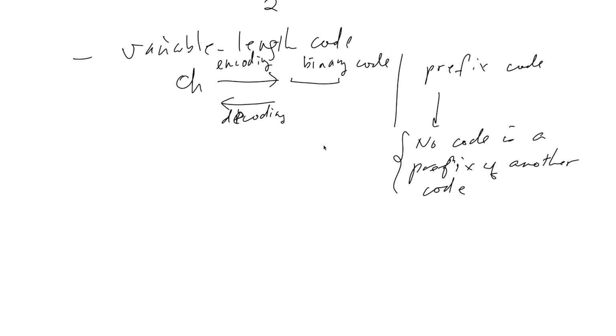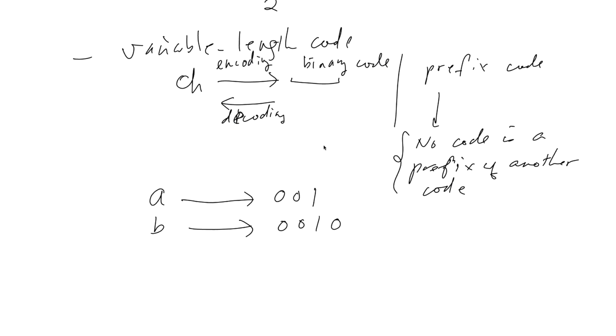To understand this, maybe we can use a simple example. For instance, let's say I encode A to 001, then I encode B to, let's say, 0010. The encoding part is sort of arbitrary, but when you want to decode, there is an issue.